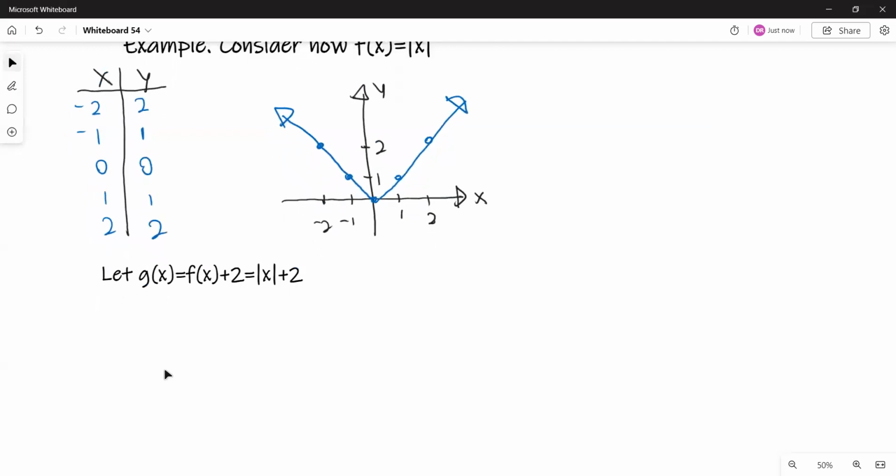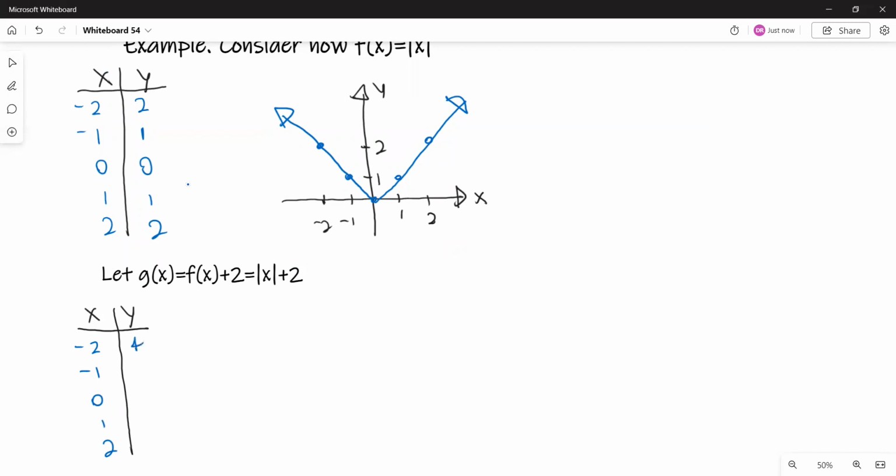So whenever we plot points, we're going to keep the same x values, but the y values are going to change. So we have the same x values, and then the y values, we're adding 2 to each y value.